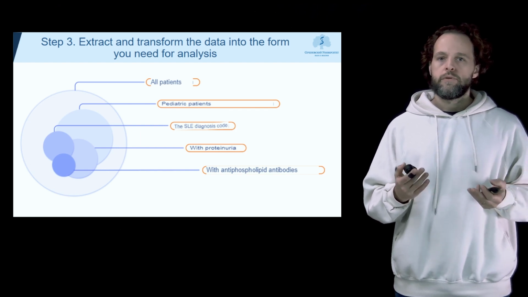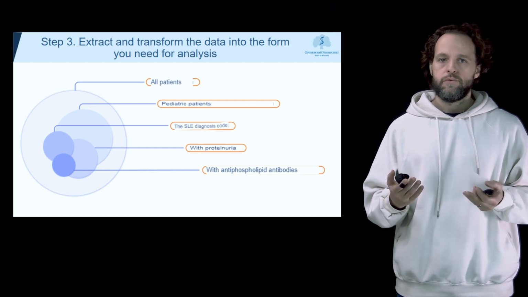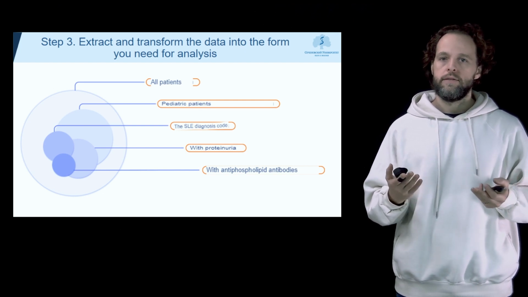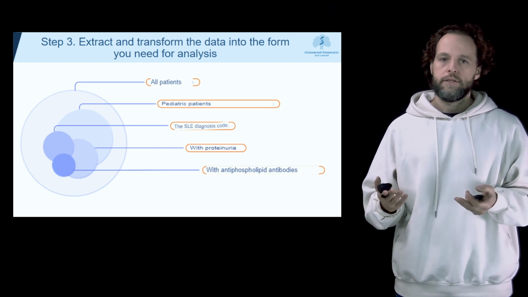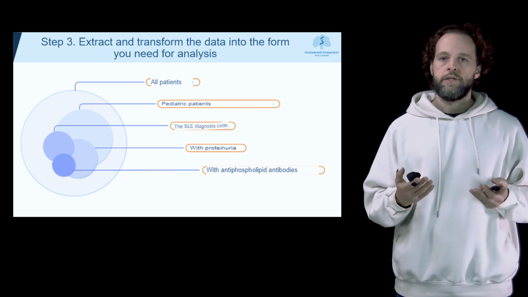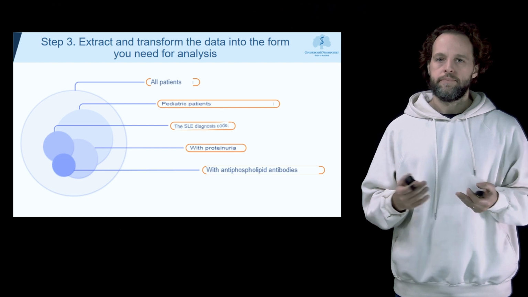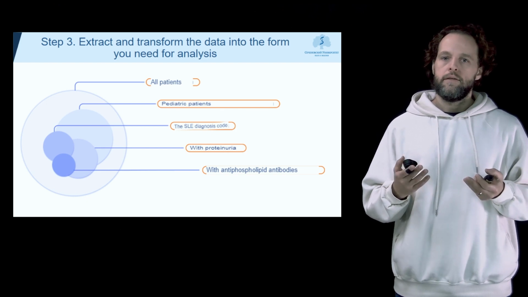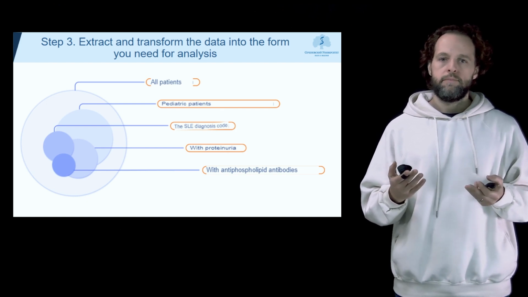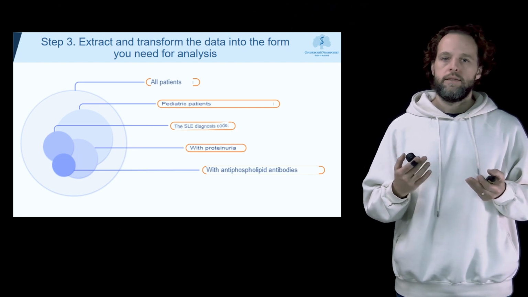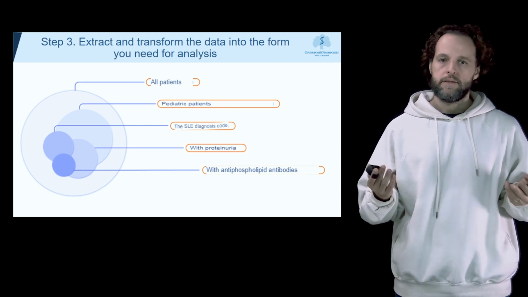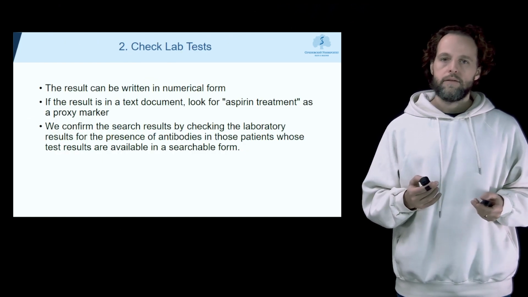Next, we'll use diagnostic code of lupus to find patients with proteinuria by checking the values indicated in the urinalysis. And we will need to find patients with antiphospholipid antibodies in this dataset.